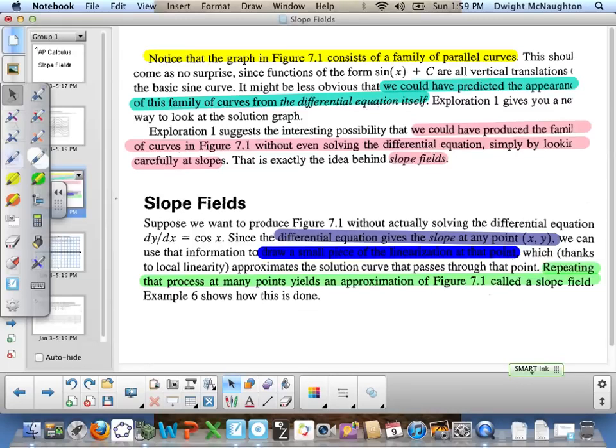is notice that the graph consists of a family of parallel curves. It should be no surprise to you, since the functions are all of the form sine x plus a constant. They're all vertical translations of the basic sine curve. A little less obvious is that we could have predicted the appearance of this family of curves from the differential equation itself.